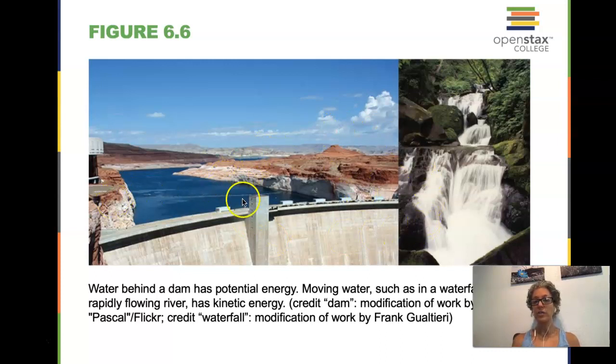Not as relevant in cells. We don't have dams built up in our cells, but we do have chemical potential energy. Whenever we have covalent bonds, that is stored energy where those shared pairs of electrons are, so that if we break that bond, we can release energy, and that energy can be used to move molecules around and be kinetic energy.